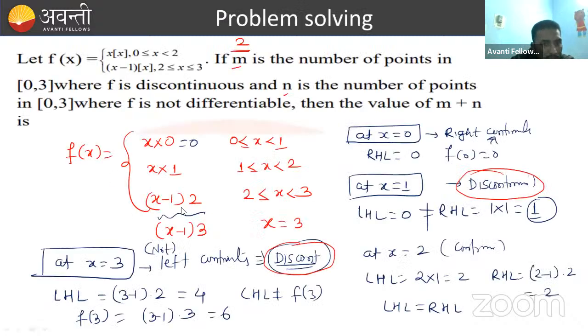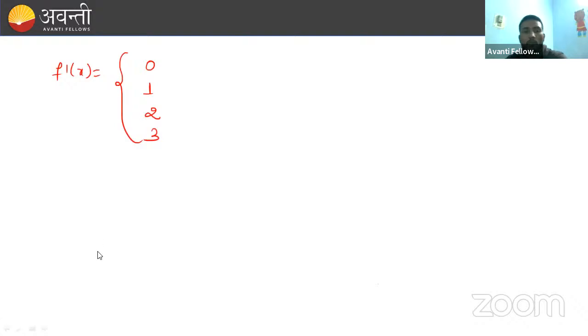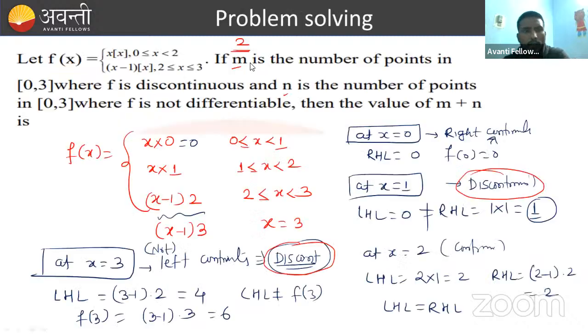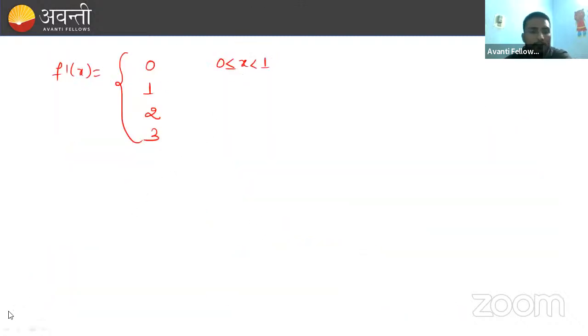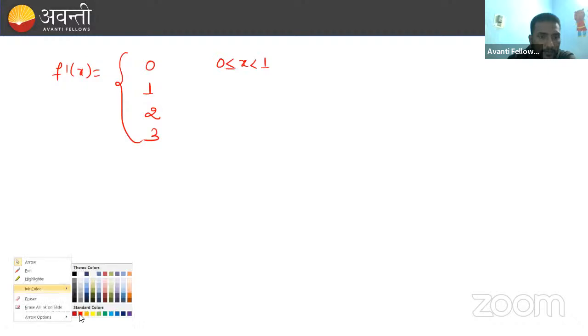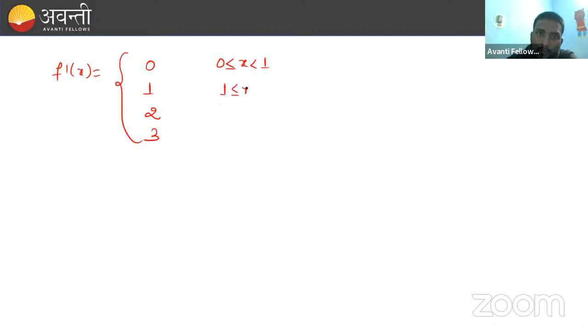Now we check 0 to 1, then 1 to 2, 2 to 3, and x equals 3.